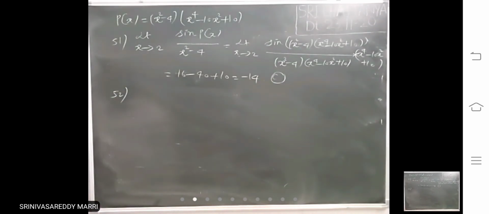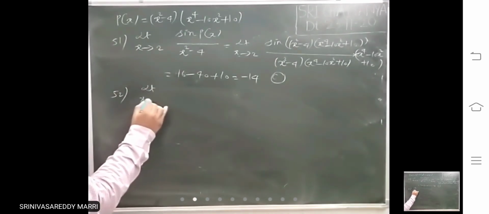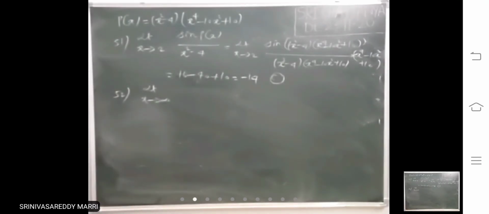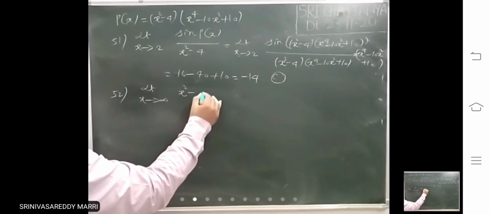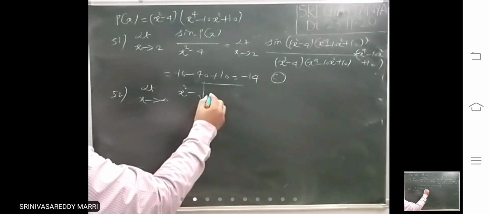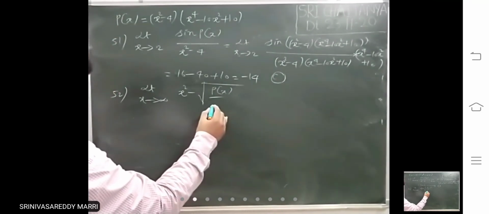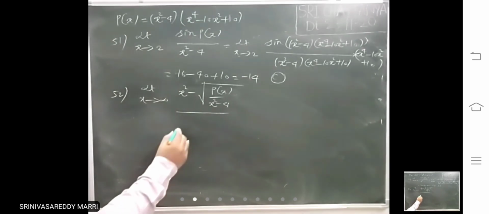52. Limit x tends to infinity of x square minus root of p of x divided by x square minus 4, divided by this.